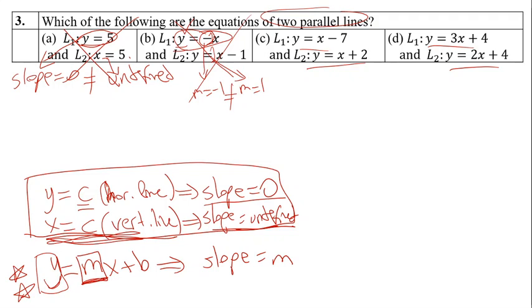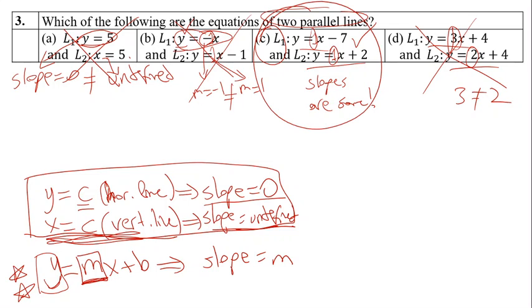Look at here, the slope here is 1, the slope here is 1, so the slopes are the same. So we say they're parallel lines. When you look at here, 3 and 2, different slopes, so they're not parallel.